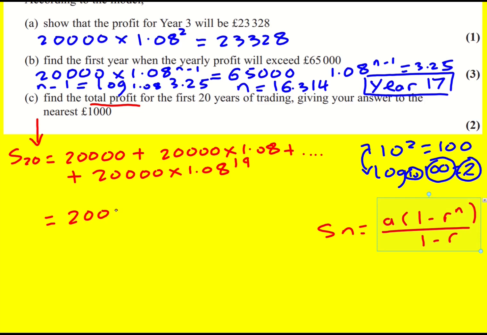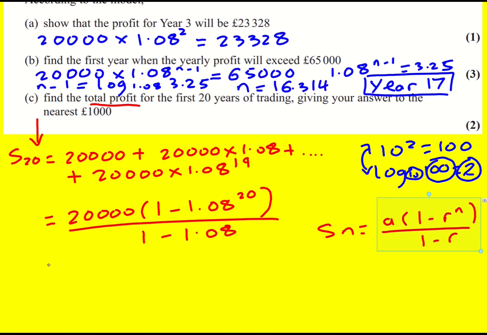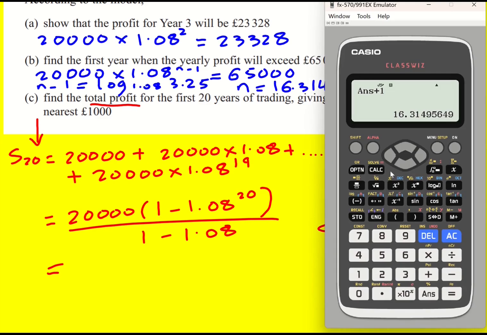So 20,000 times (1 minus 1.08 to the 20) all over 1 minus 1.08. These are going to give two negatives. You can swap it around to do r to the n minus 1. This formula is often used because r is often less than 1, especially when you start looking at infinite summations. But anyway, it doesn't matter.